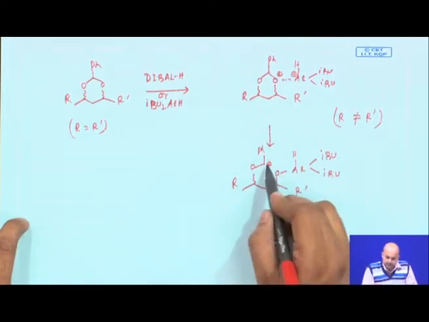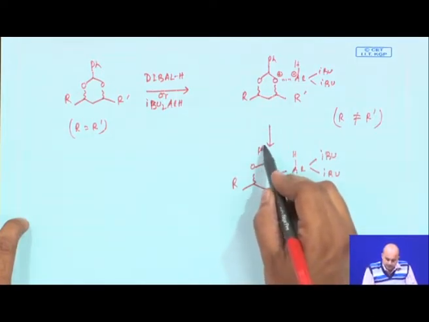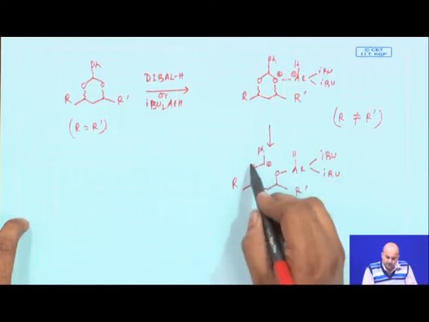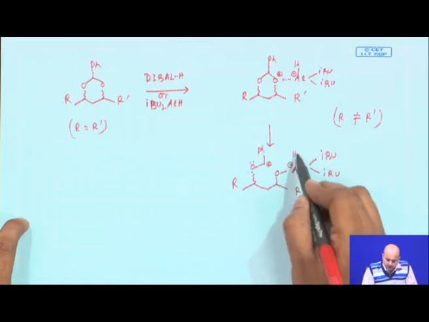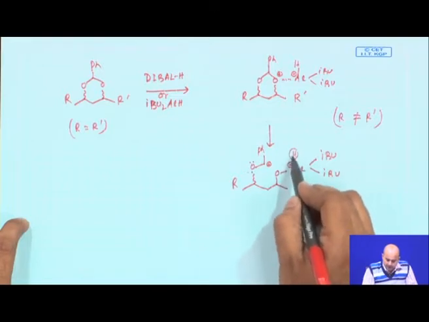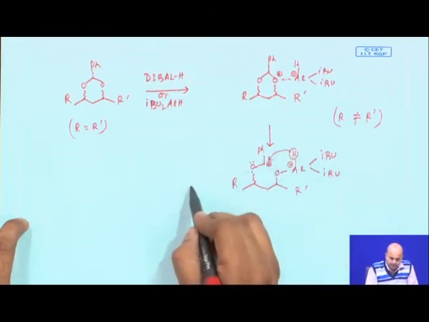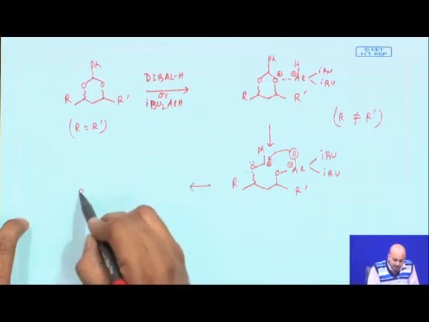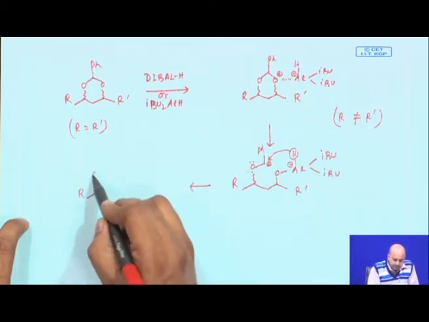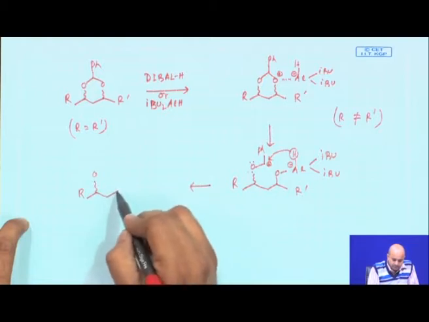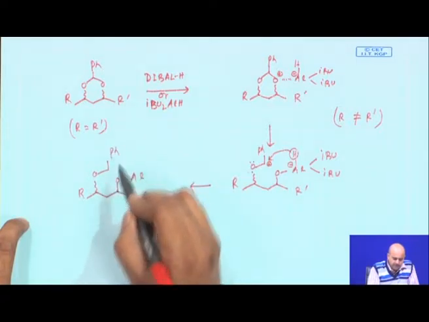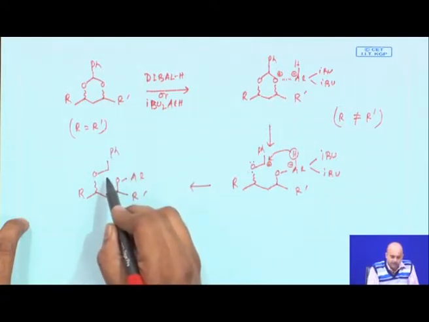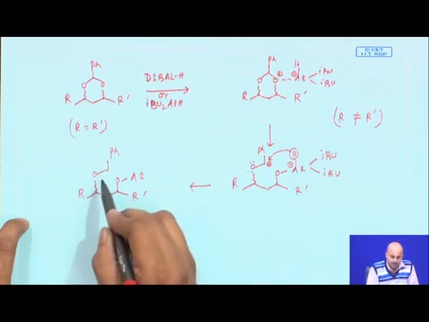Now, this is a benzyl cation which is stabilized by this phenyl ring resonance as well as this oxygen lone pair. Now, the hydride from this DIBAL is transferred, and now you see you are basically getting a benzyl derivative of one of the alcohols.